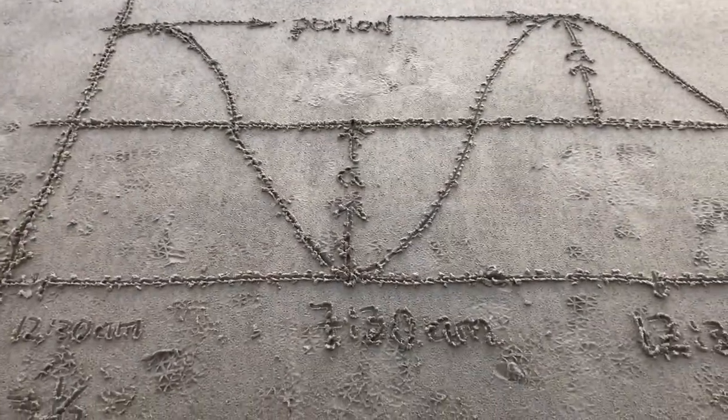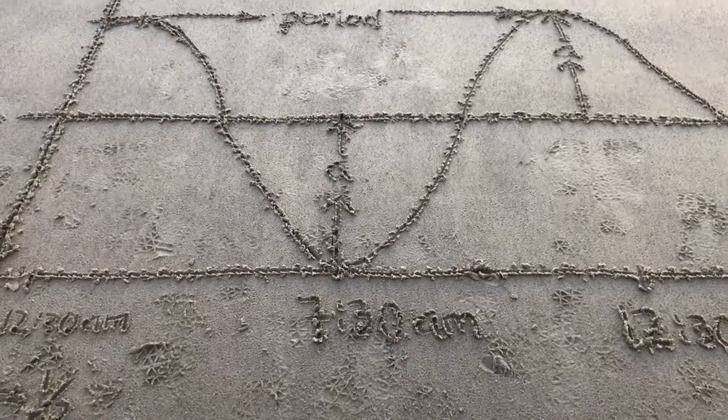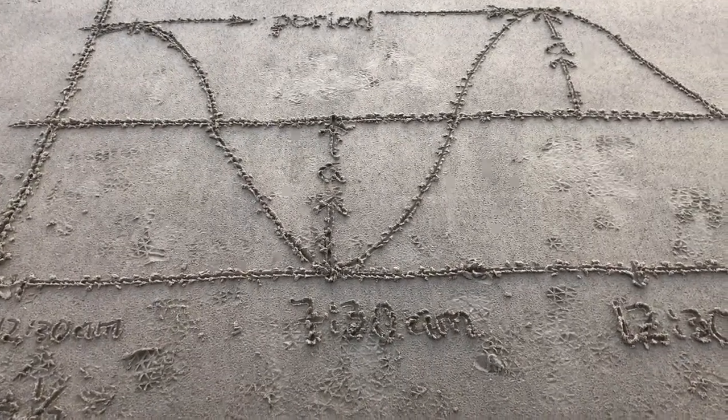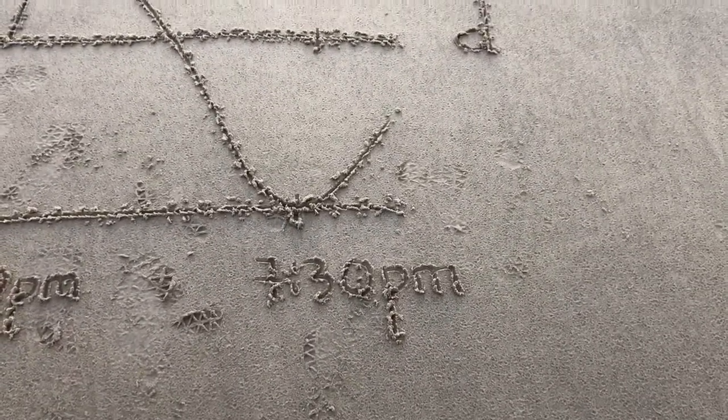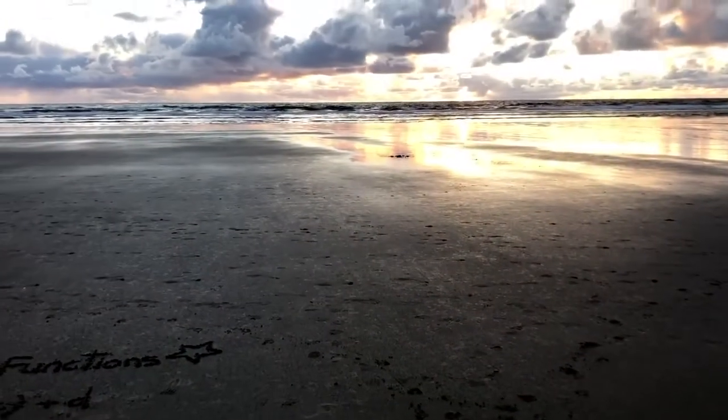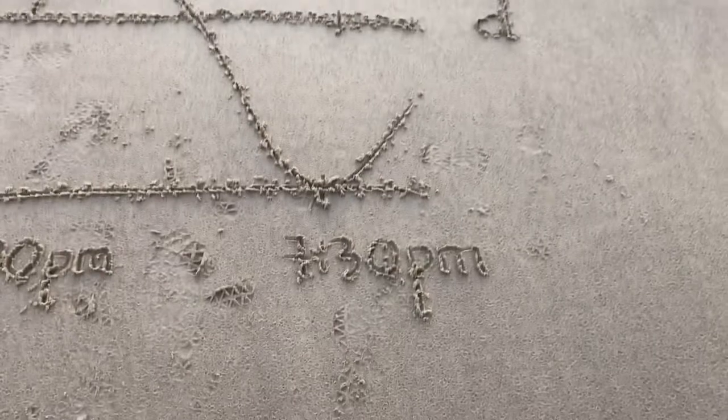Low tide then occurs at 7:30 a.m. today-ish, and then again here when I'm videoing at 7:30 p.m. And look at that, the sun is almost going to set. We have to be quick.